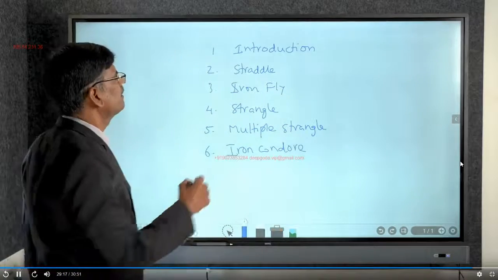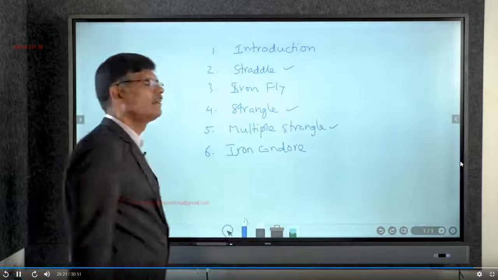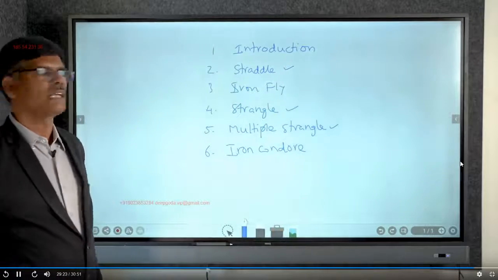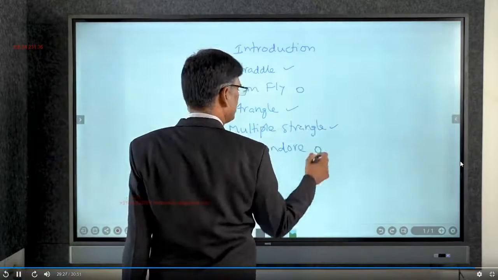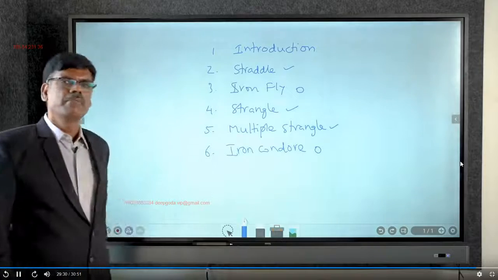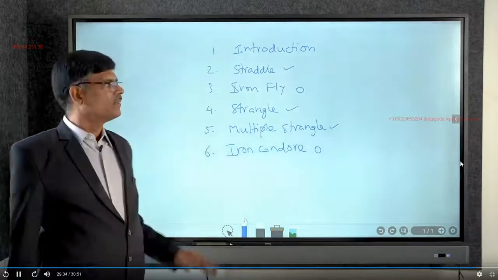Here straddle, strangle, multiple strangle are all unlimited risk strategies, and iron fly and iron condor become limited risk strategies. So these are the strategies.